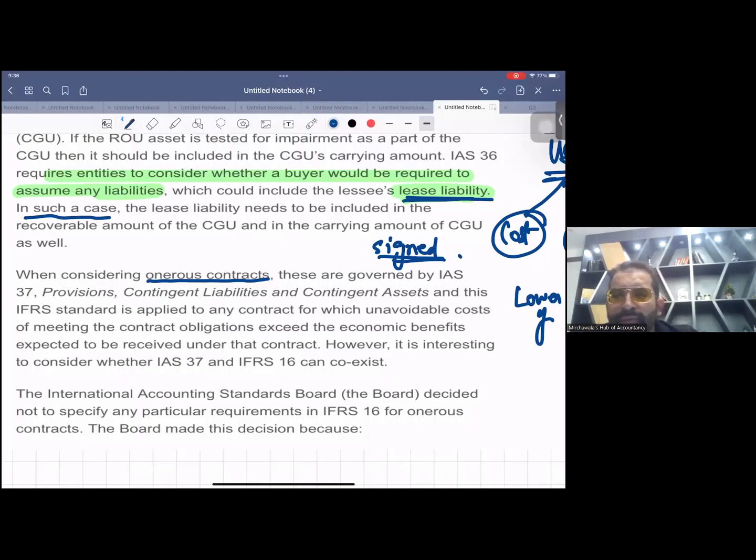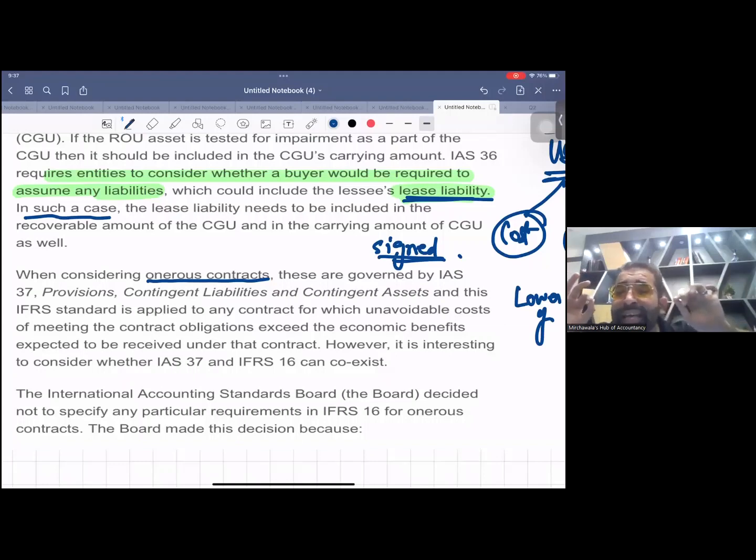You can't make any product from this machine. Whatever product you are making from this machine is banned. So now that machine is useless. So remember, I told you at that time, calculate the present value of future rentals on one side, and on the other side keep the penalty amount and take the lower of. Okay, please listen. So this treatment was perfect.